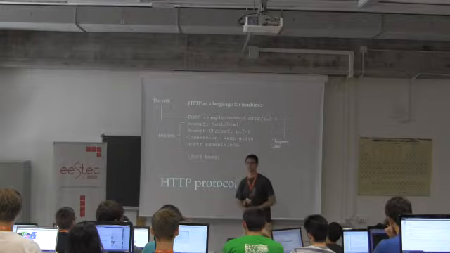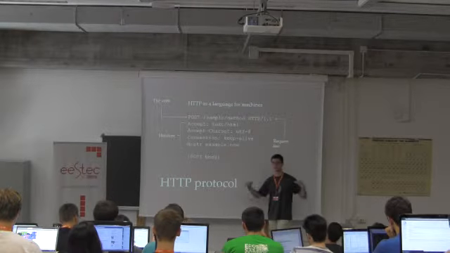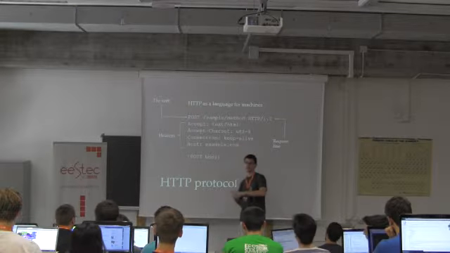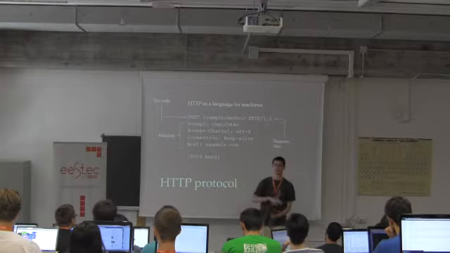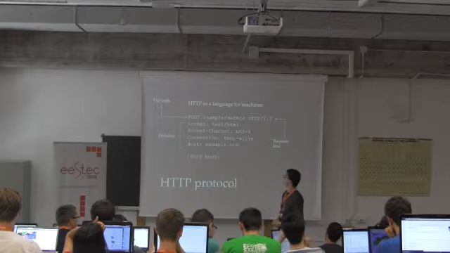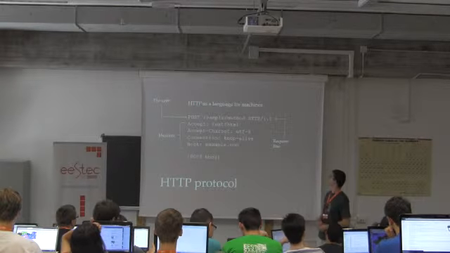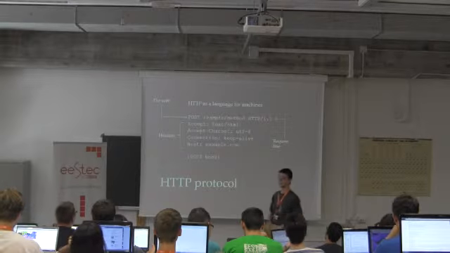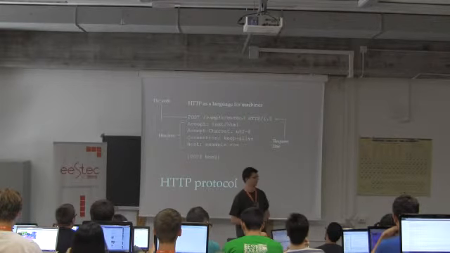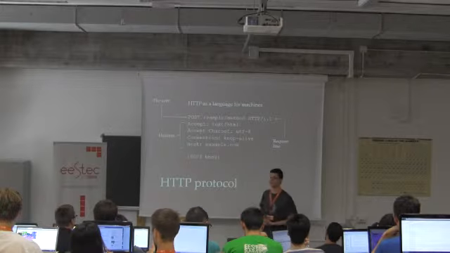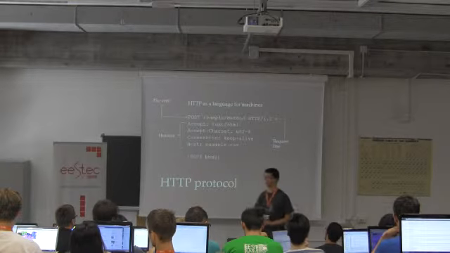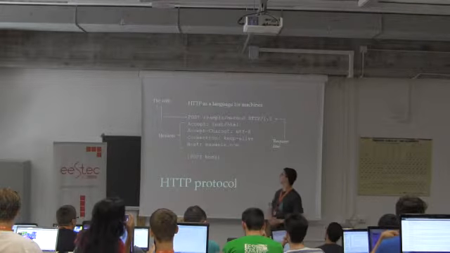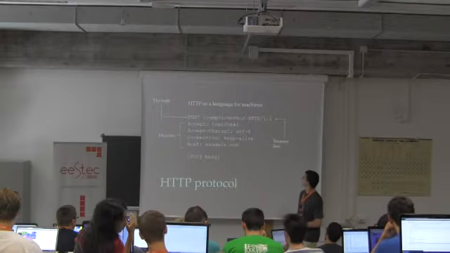Request and response. It works so that when the connection is established, the client sends a request, the server processes the request and sends the response. So here's what it looks like. It starts with the verb, which means the action that the client wants to perform, and there are 4 of them, which will be described later.